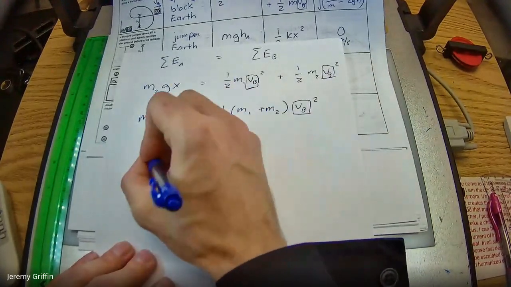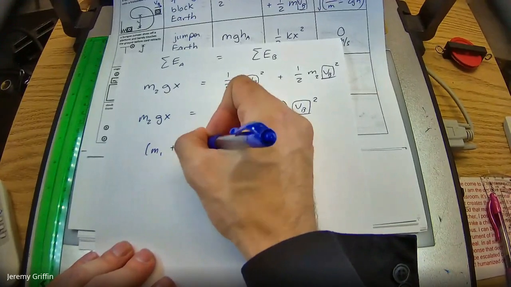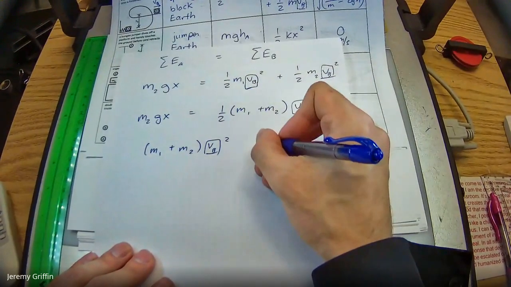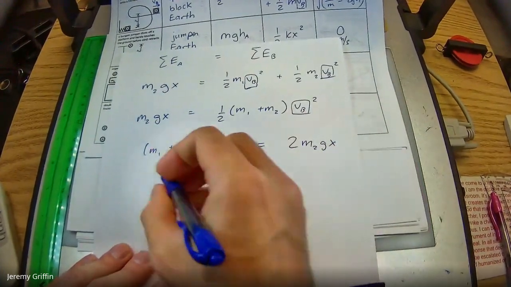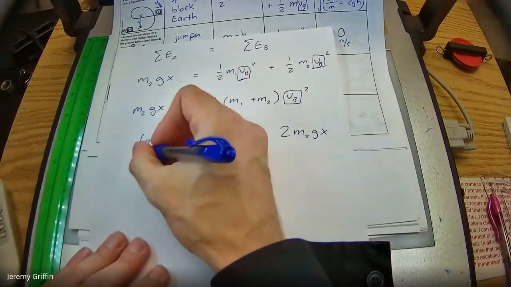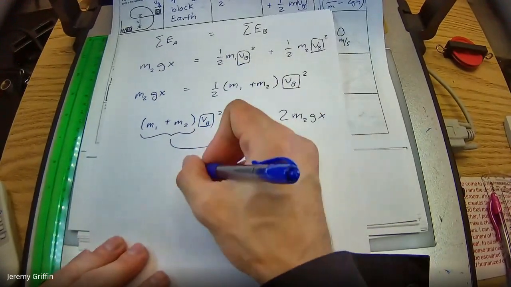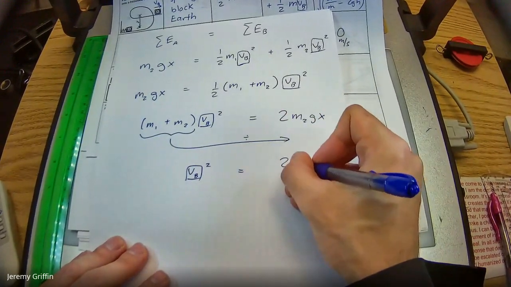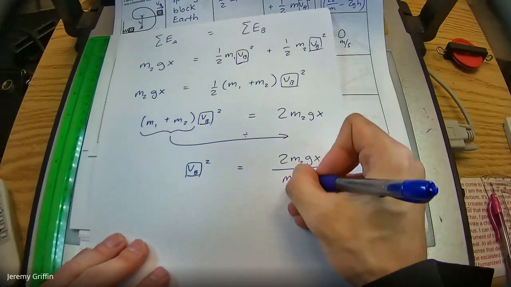I'll switch to left and right side while I'm at it. So first, multiply both sides by 2. That would look like this. Then divide both sides by the sum of the masses. So vB² is 2m2gx divided by the sum of the masses.